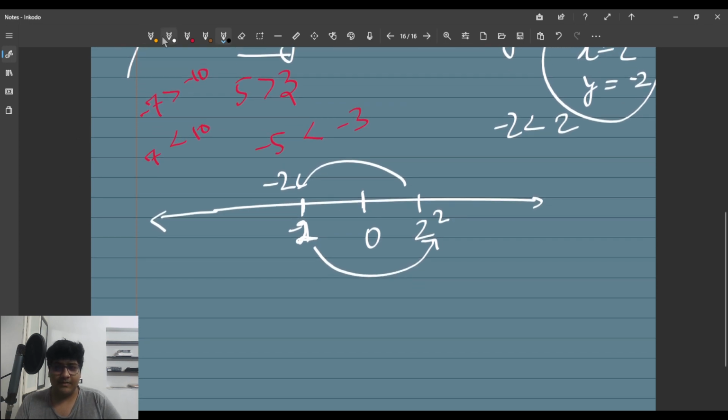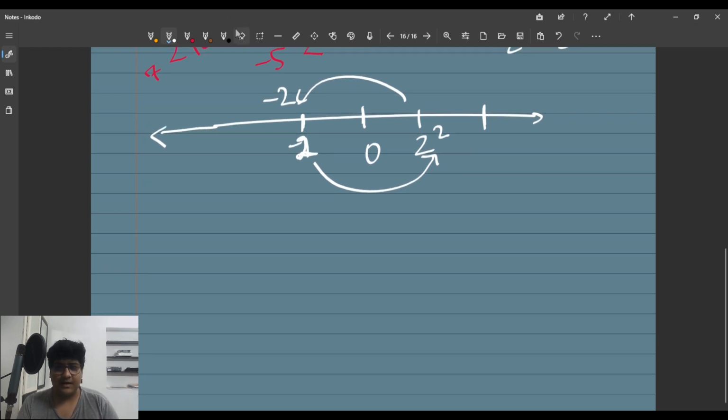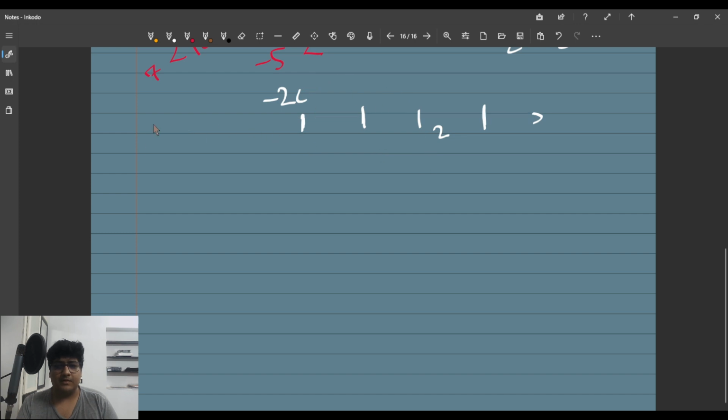So now we have an intuitive idea of what is happening. Even if 0 were here, you should try out the negatives and you should try out this mirroring thing and get an intuition for it. Let us try and let us prove it rigorously now, mathematically.